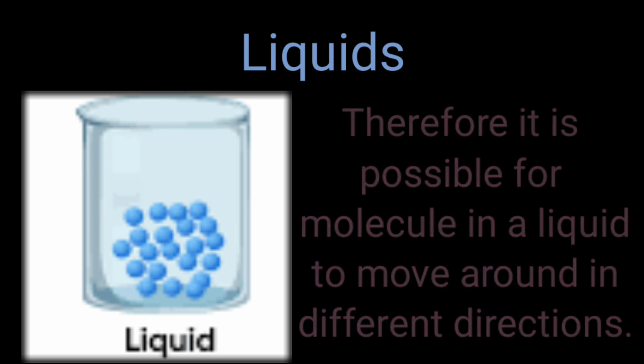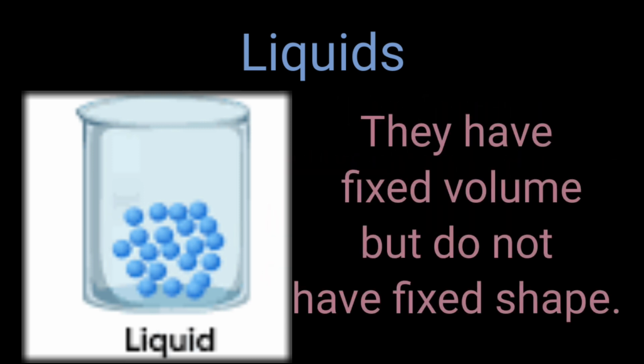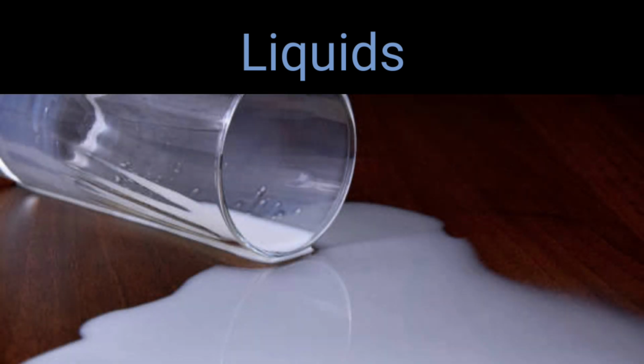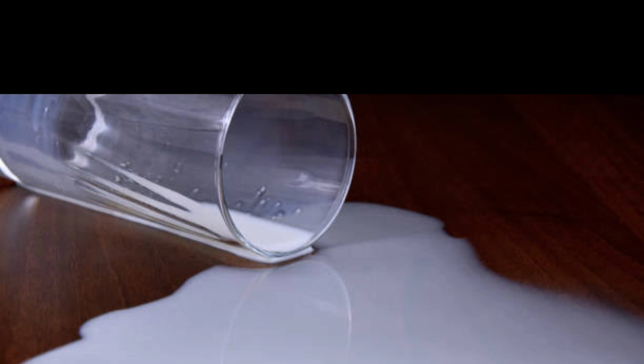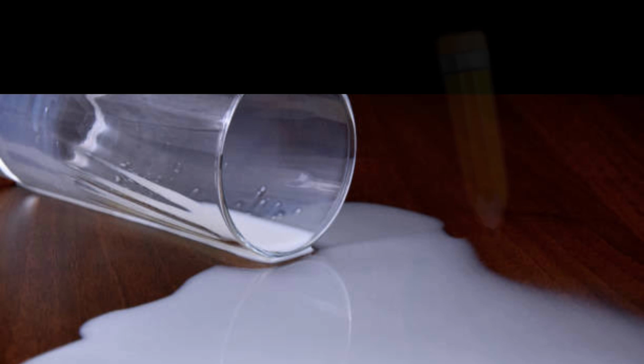As the force of attraction between the molecules is less, liquids can flow and change their shape. They have a fixed volume but do not have a fixed shape. If you accidentally spill milk on the table, it flows in different directions and changes its shape. If a pencil accidentally falls on the floor, does it change its shape? No, it doesn't change its shape.